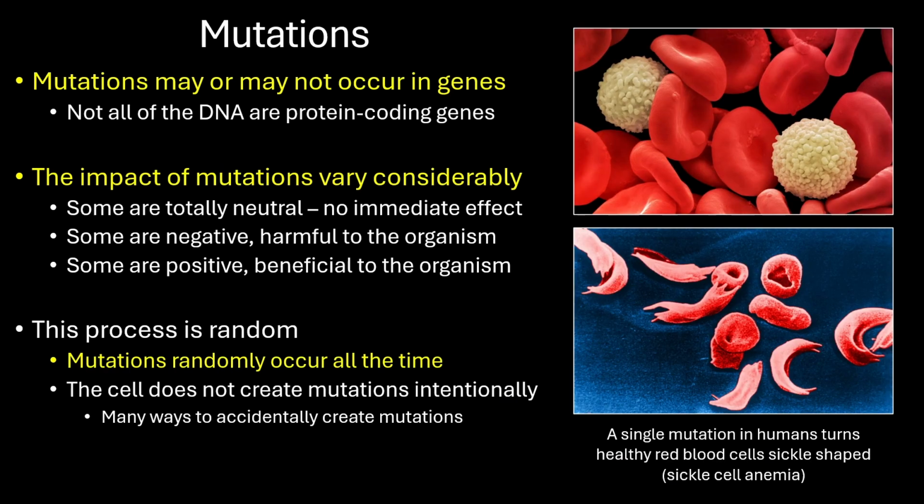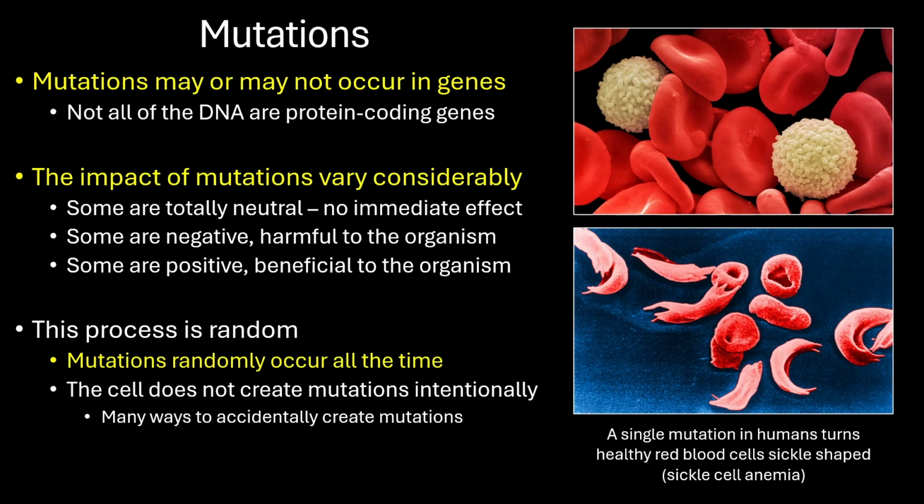Now, mutations may or may not occur in a gene itself. Not all of an organism's DNA is made up of protein coding genes. There's a lot of stuff that exists in the space between genes. And so the impact of a mutation can vary considerably for a number of reasons.